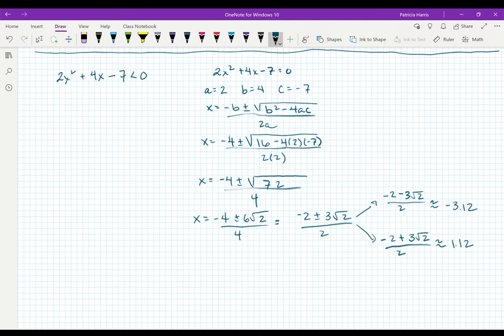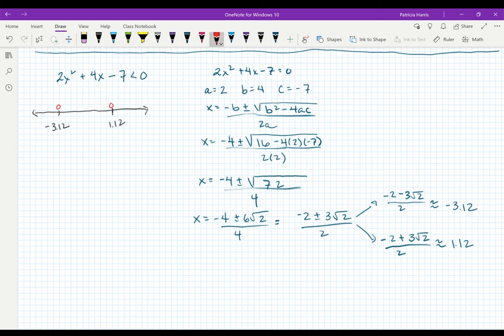All right, so I want to put those on a number line. So let's see, -3.12 would go on your left. 1.12 would be on your right. This one is going to get open dots.